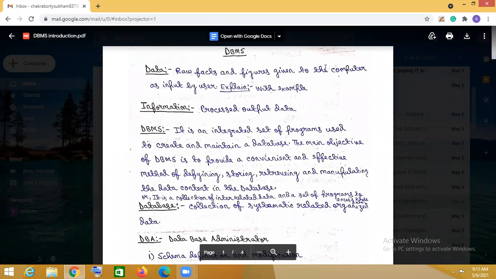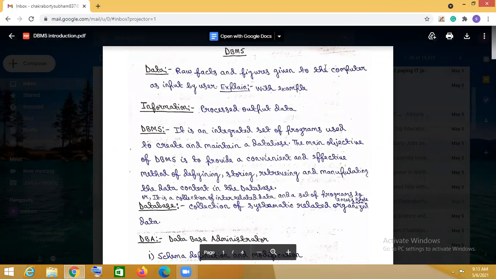Now, in simple words, we can say DBMS is the collection of interrelated data. The data present in the DBMS are interrelatedly connected. And it is a set of programs to access those interrelated data.